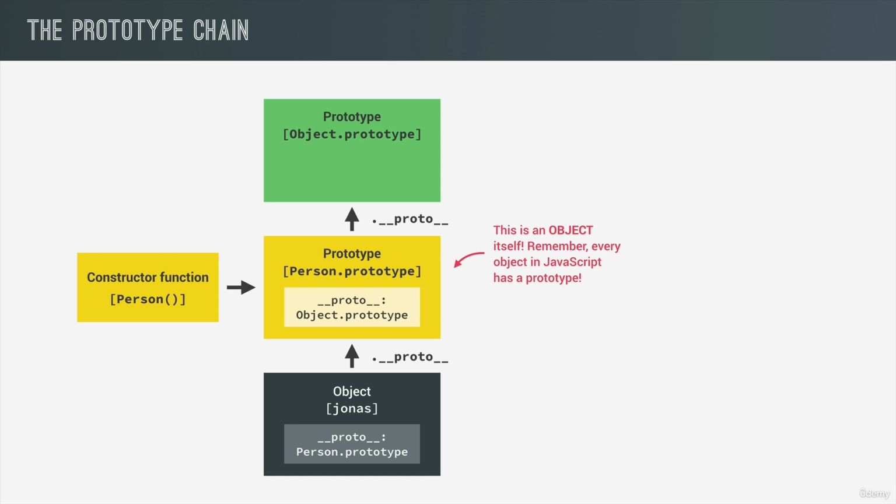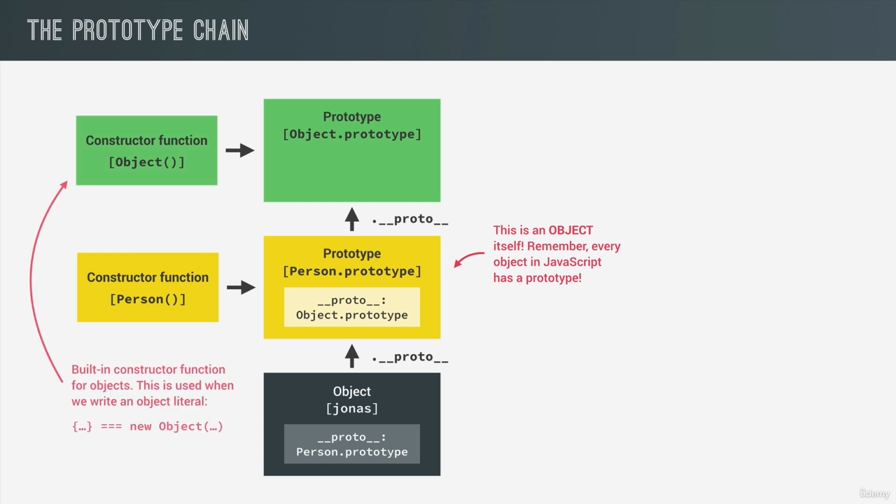Well, Person.prototype is just a simple object, which means that it has been built by the built-in Object constructor function. And this is actually the function that is called behind the scenes whenever we create an object literal. So just an object simply with curly braces. So essentially the curly braces are just like a shortcut to writing new Object.